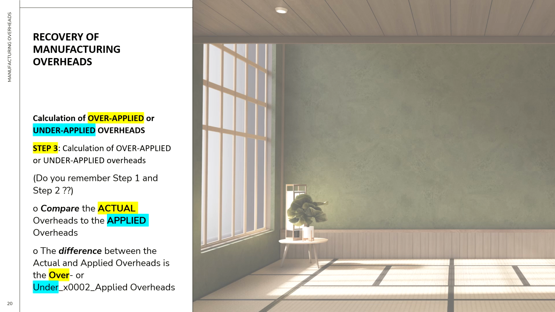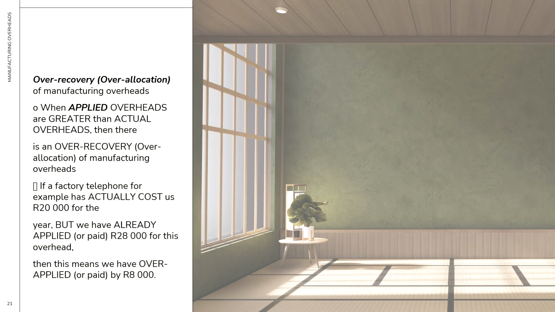So it depends whether we over applied or under applied. So what is over recovery or over allocation or over applied? It's when applied overheads are greater than actual overheads. That means we have paid more than we actually have to pay. So we have over applied, or in simple English we can say you have overpaid.